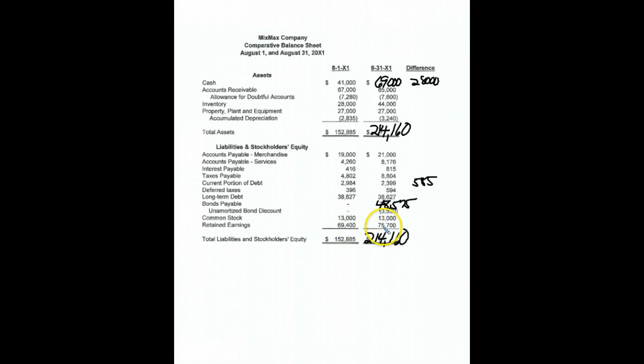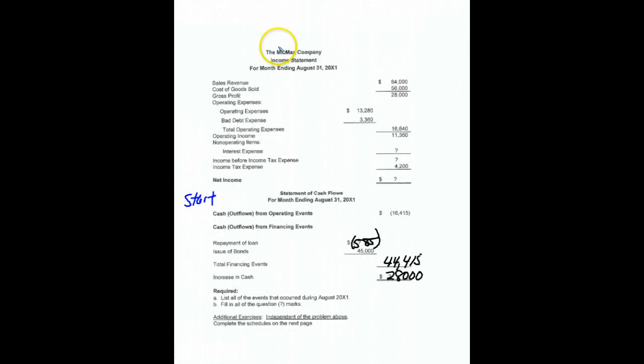For retained earnings, keep in mind this beginning and ending balance. That will help us solve for net income. So on the income statement, beginning retained earnings was $69,400. Ending retained earnings was $75,700. And that is a difference of $6,300. So the difference between beginning and ending is net income.